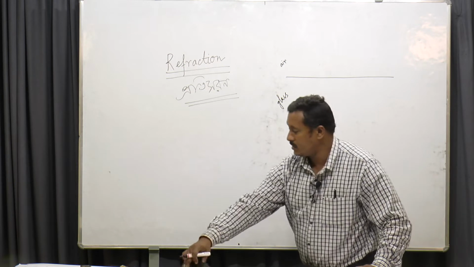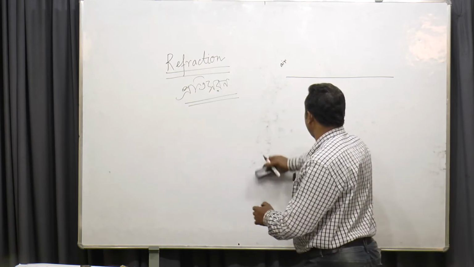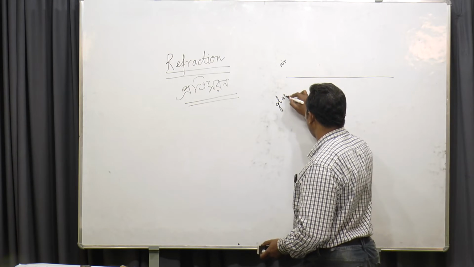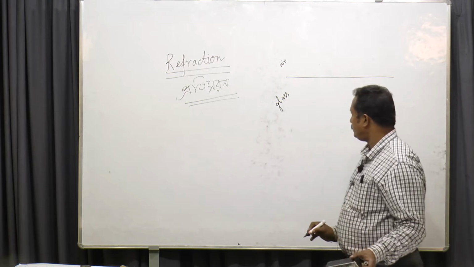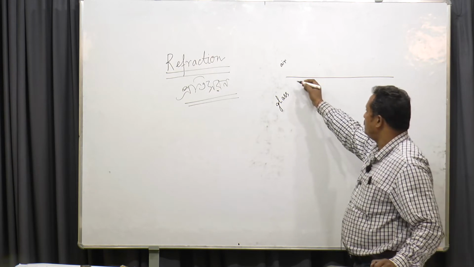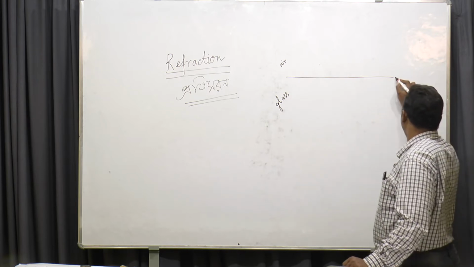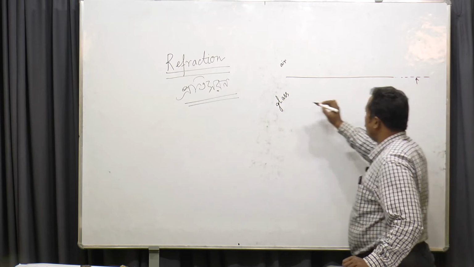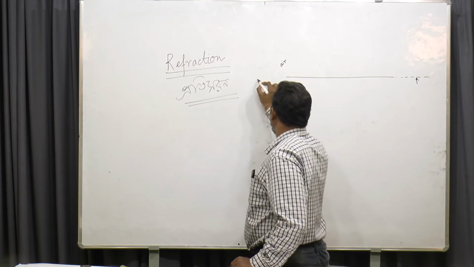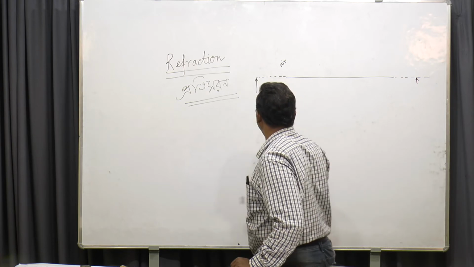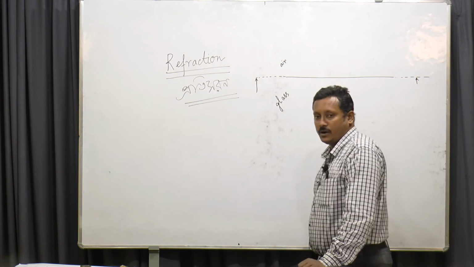So there are two media, and this line is called the interface, I mean the boundary. In physics the boundary is called the interface.